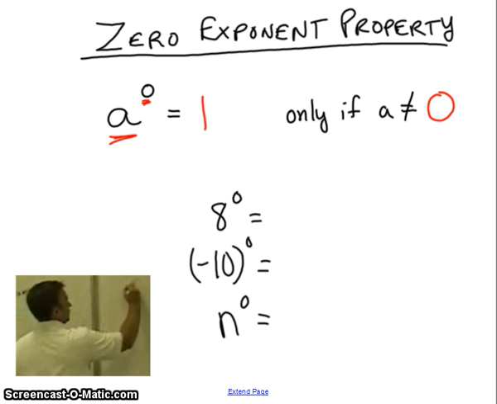If this number here is 0, then that doesn't apply. But any number raised to the 0 power is 1. So 8 to the 0 is 1. Negative 10 to the 0 power is 1. n to the 0 power is 1. That's the zero exponent property.